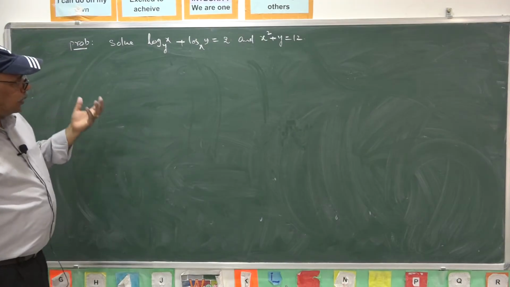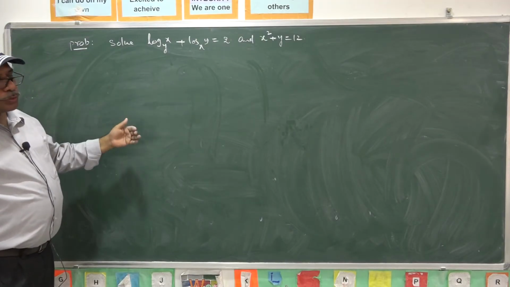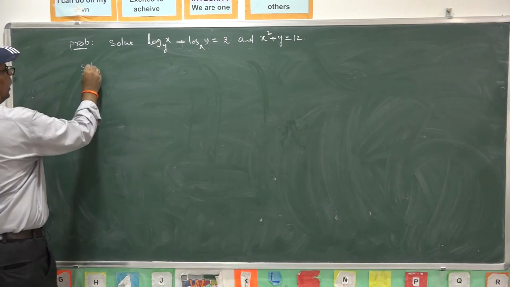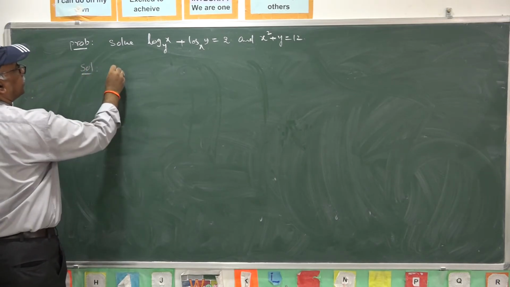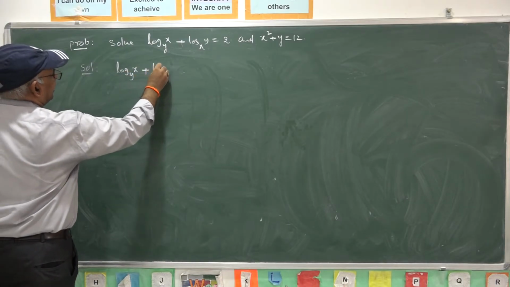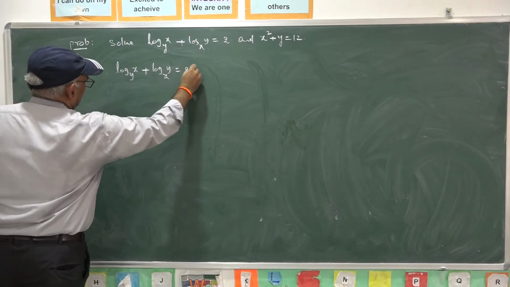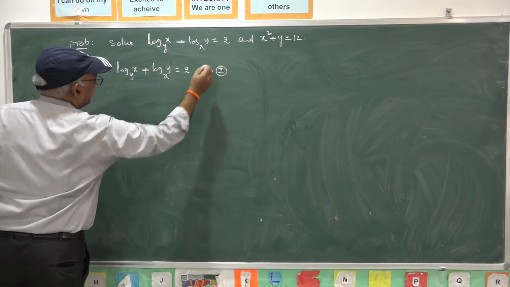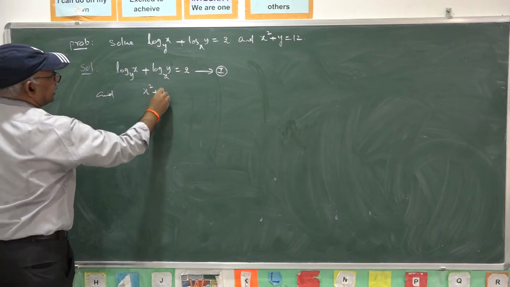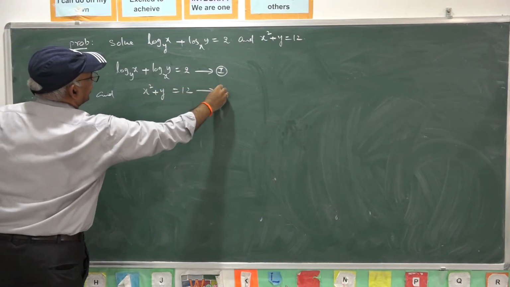Now this problem can be reduced to quadratic form. Let us consider the first equation, this is 1, and x square plus y is 12, this is the second equation.